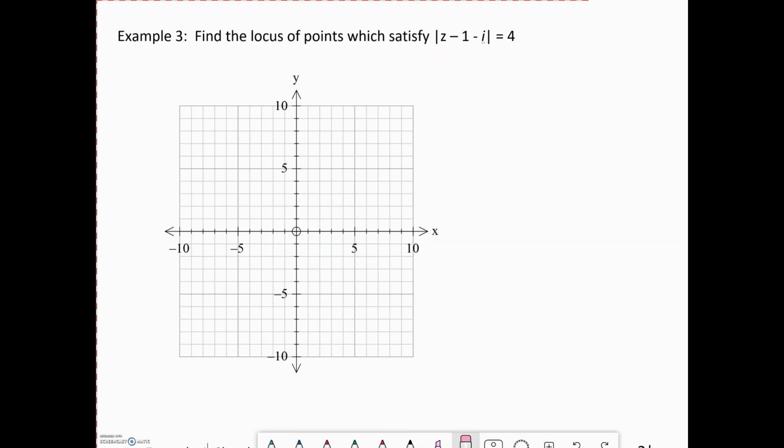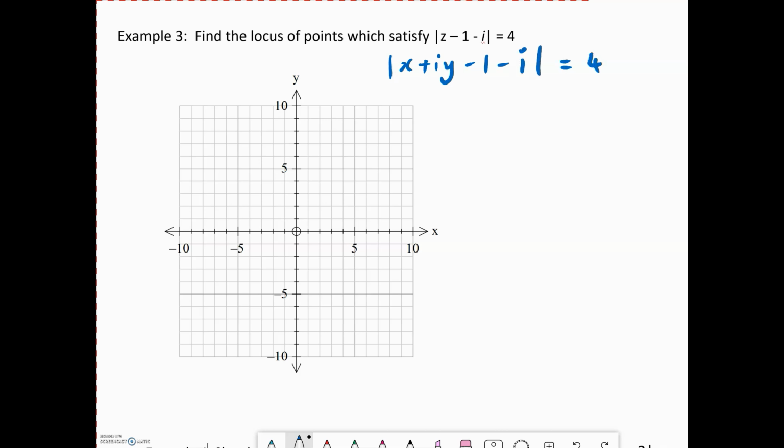In this example, we're finding the locus which satisfies modulus of z minus 1 minus i equal to 4. So let's start algebraically. Again, z is x plus iy. So if I write this out, I'm trying to sketch the locus which satisfies modulus of x plus iy minus 1 minus i equal to 4.